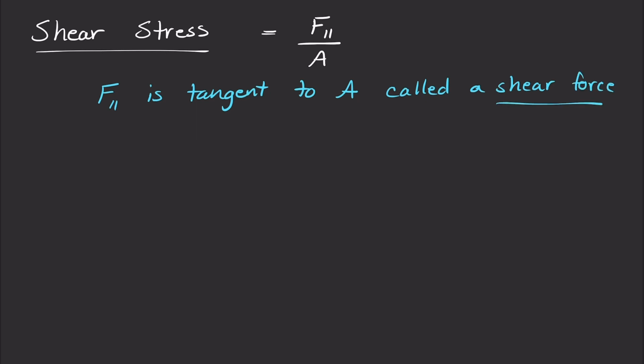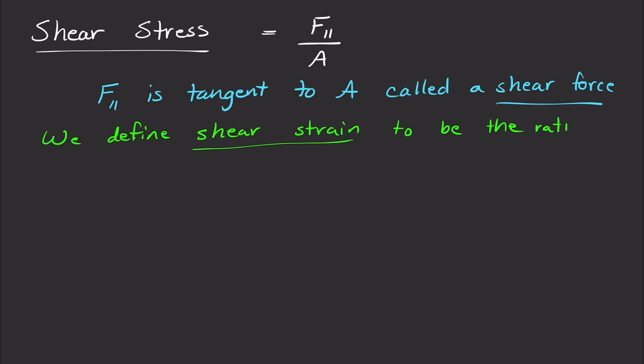Okay, and so we can now define shear strain to be the ratio of the displacement x to the transverse direction.